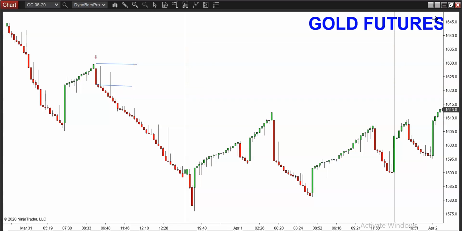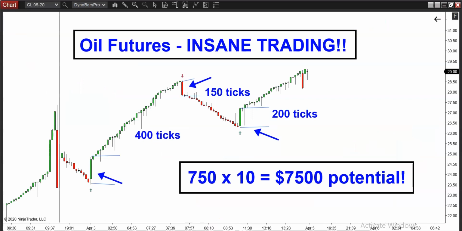So for those of you who love your stock index futures, and there's nothing wrong with that, those of you who love the S&P, the NASDAQ, the Dow, the Russell, that's great. But all I'm saying is try to keep an open mind, because at the end of the day, we're all trying to make money.